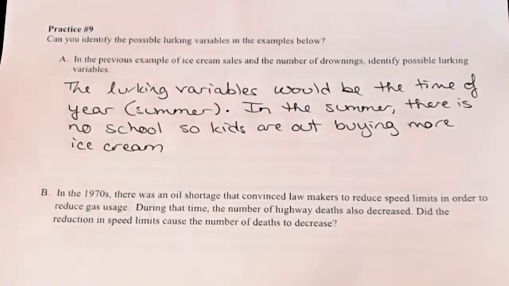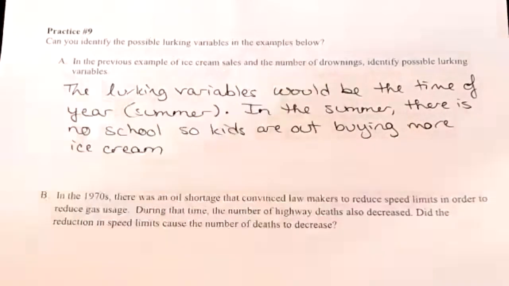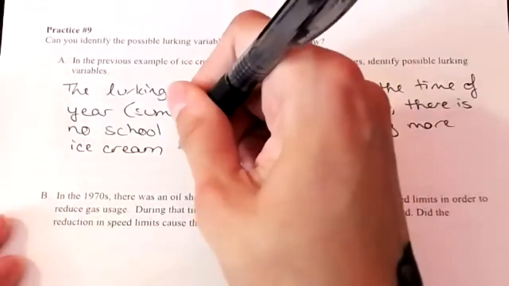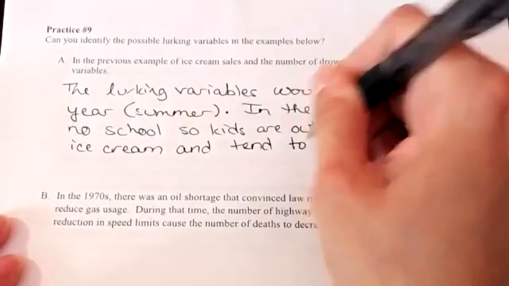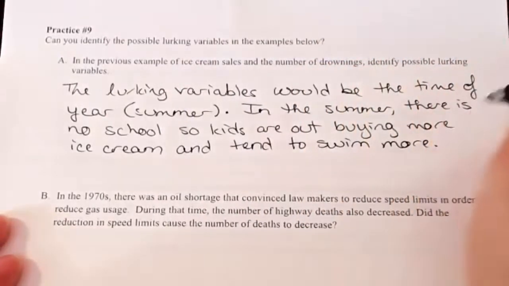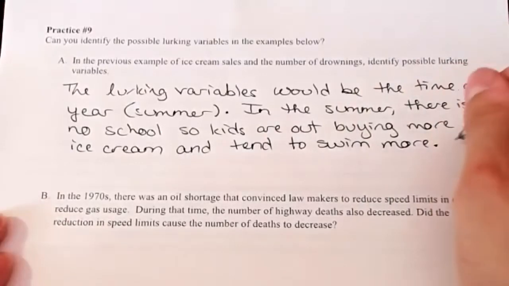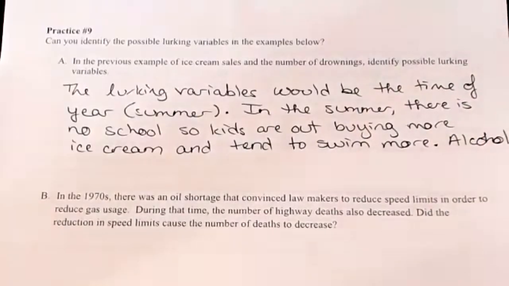If it is summer, think about number of drownings. People are out more, so they're probably swimming more. I'm probably gonna take it to a whole new extreme. There may be more people drinking, which causes more drownings. Oh, yes. Alcohol is another possible lurking variable.